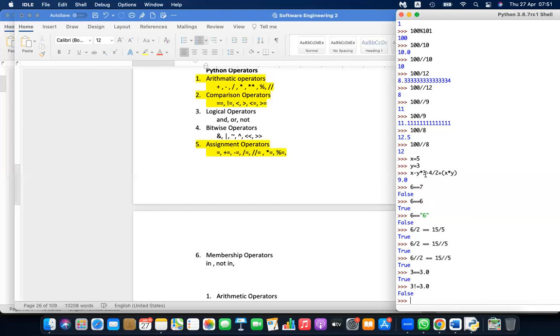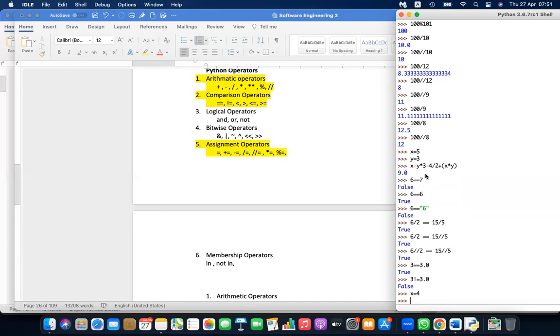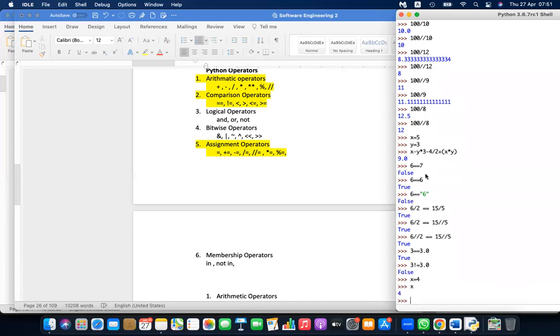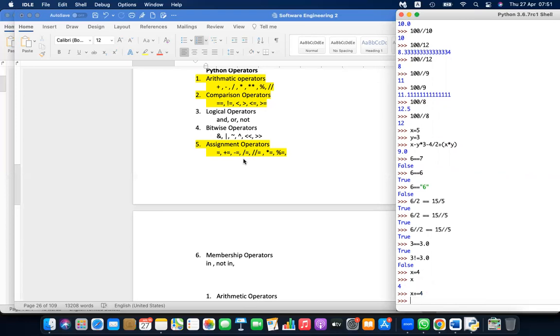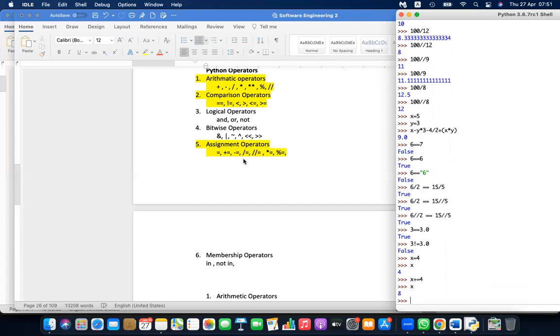Assignment operators are for assigning values. That means x equal 4. Now x is 4. What is x? x is 4. That is assigning. Then x plus equal 4. What will x be now? x is now 8.